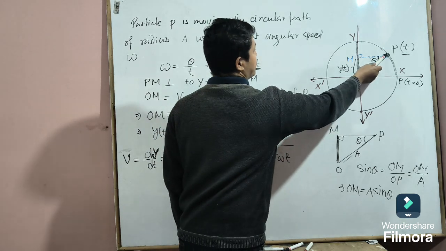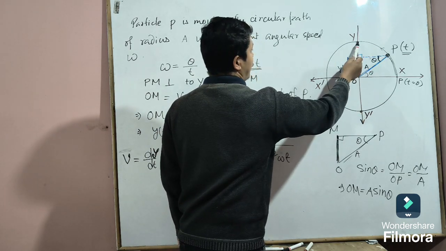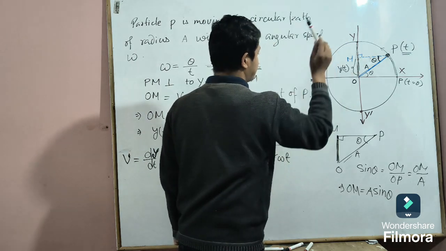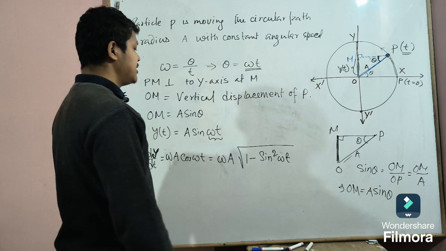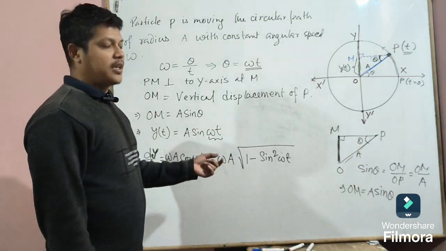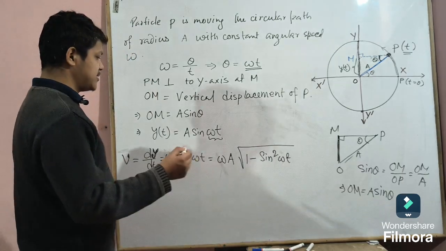Because this particle P follows this circular path, it is not going to travel outside this circular path. So this is the maximum displacement. So that is A. A represents the amplitude of this particle. Okay. So hope you have understood this.